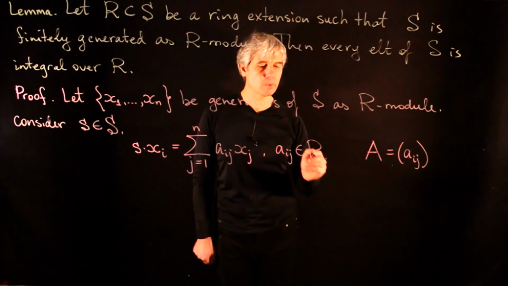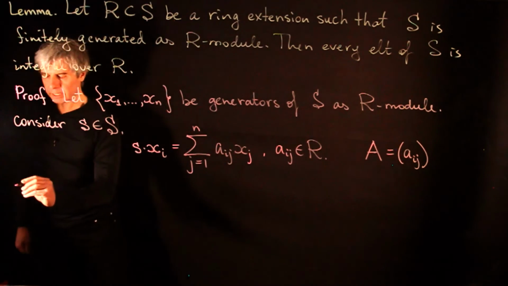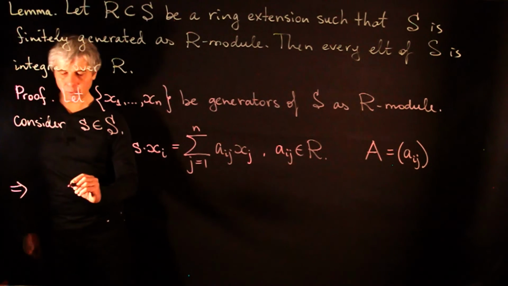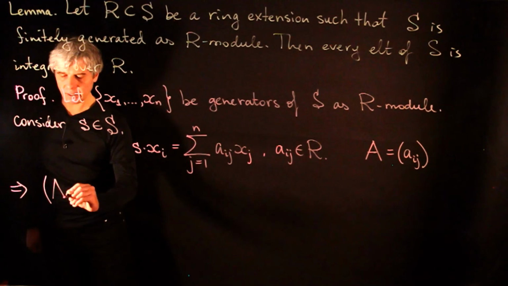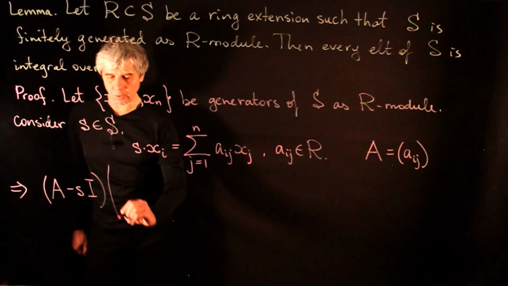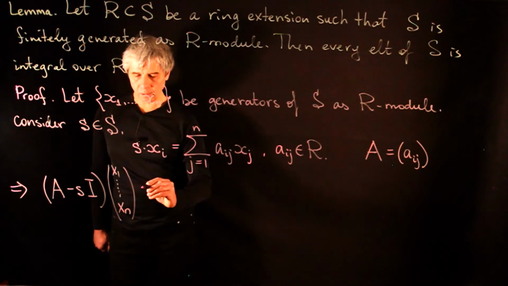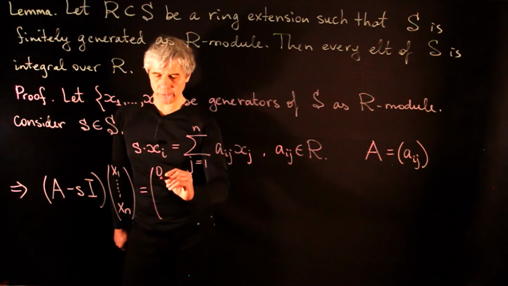So this is a matrix with values in the ring R. Then this system of equalities may be written in vector form as (A minus s times identity) acting on the column vector x1 through xn is equal to the zero vector.